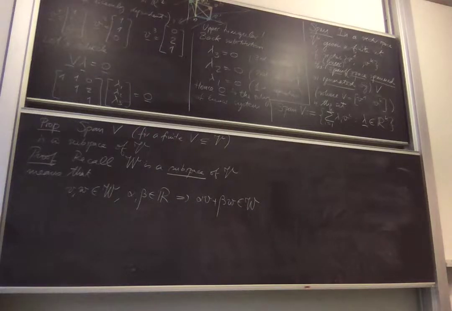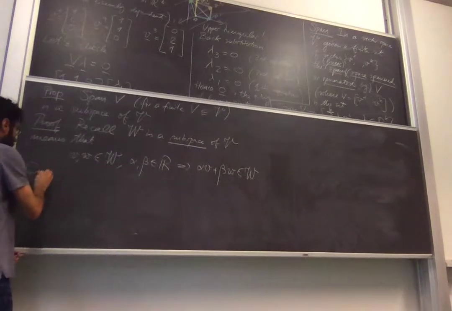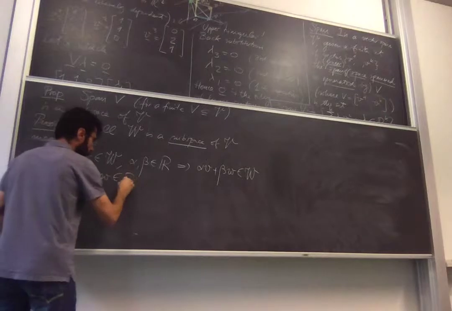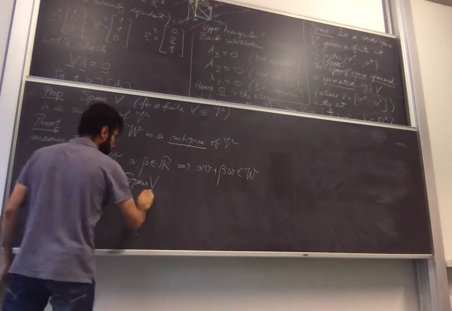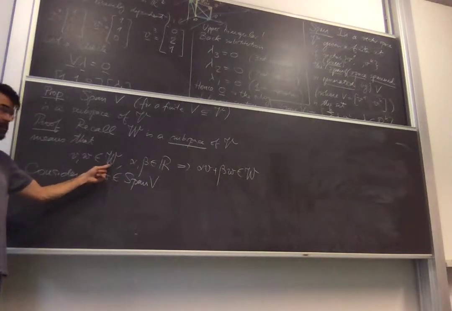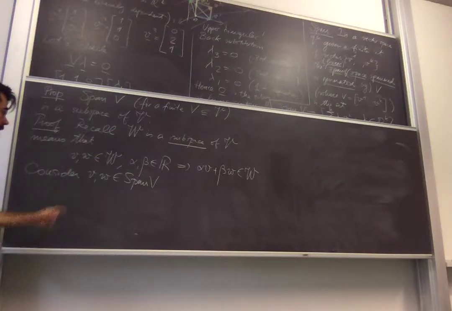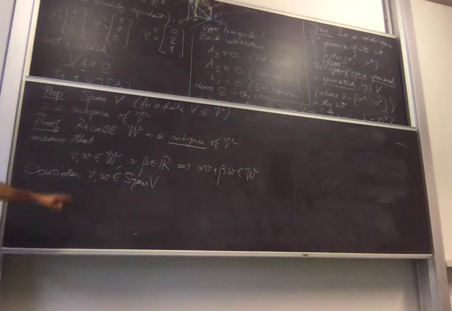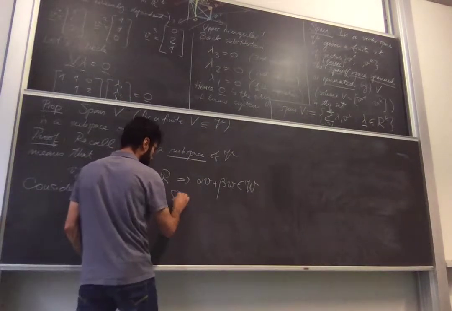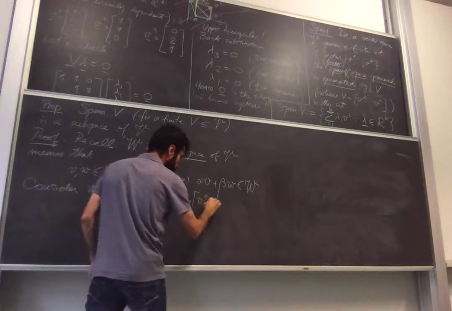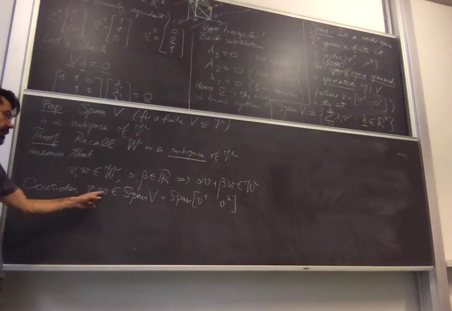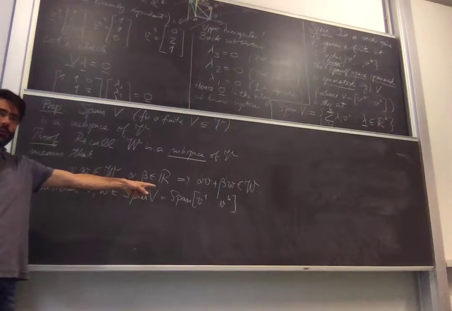So let's prove this. Consider V and W being in the span of V, because that's what we want to show. We want to show that the span of V is a subspace, so it plays the role of W in this definition. So let's pick two elements there. Remember, the span of V is the span of V1 to Vk. Then each one of these vectors can be written as a linear combination of those k vectors.